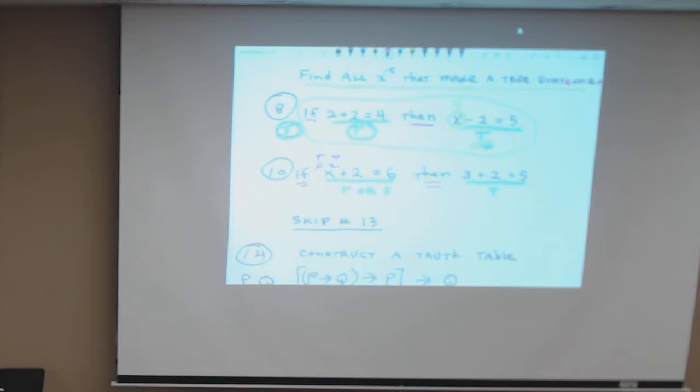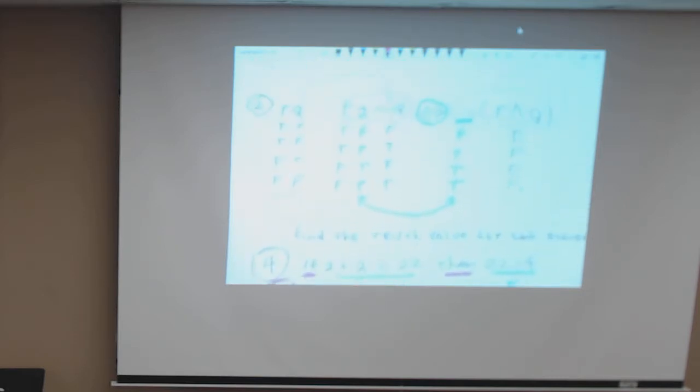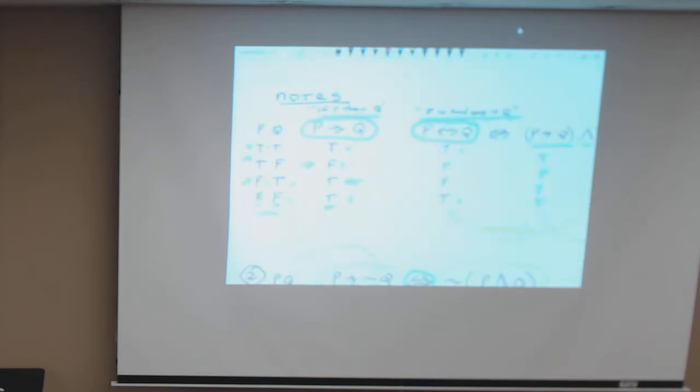Now, what's the second part? 3 plus 2 is 5. Is that true? Go back up to your chart. When Q is true, what does it take to make if-then true?